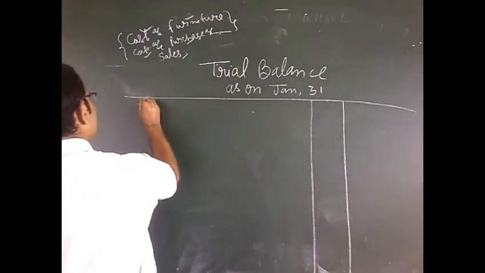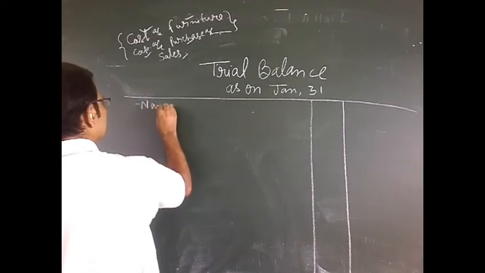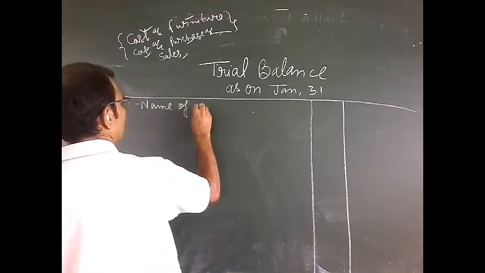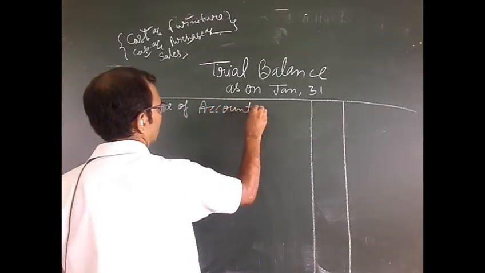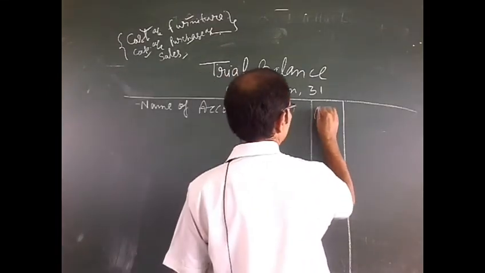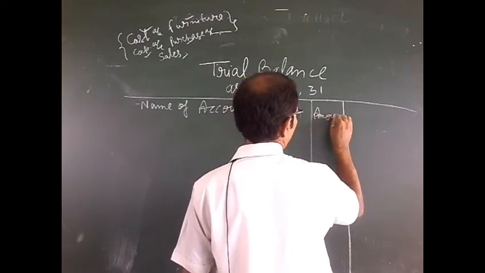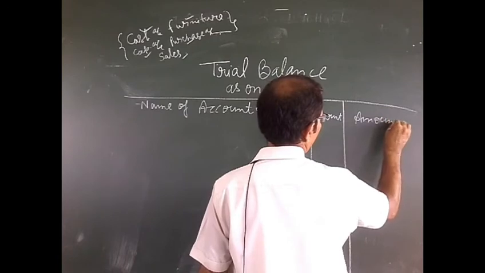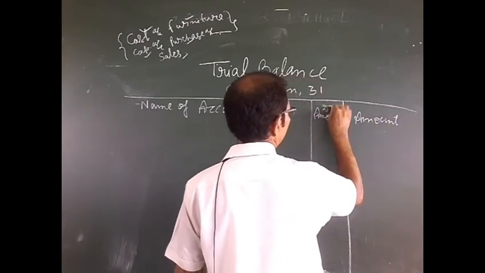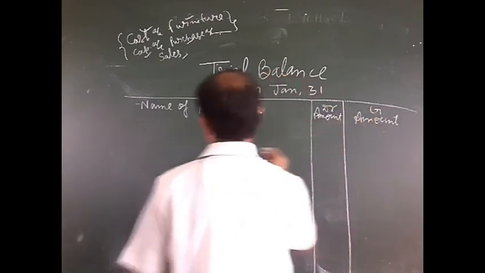Here we will write the name of accounts, amount, this is debit and this is credit.